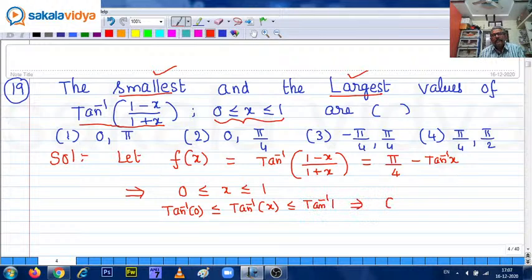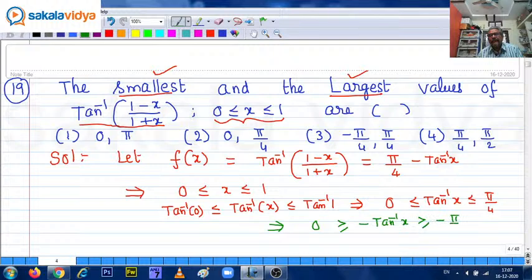That implies 0 less than or equal to tan inverse x less than or equal to pi by 4. So we need a negative. Multiply negative sign on both sides, and the inequality symbol reverses: 0 greater than or equal to negative tan inverse x greater than or equal to negative pi by 4.